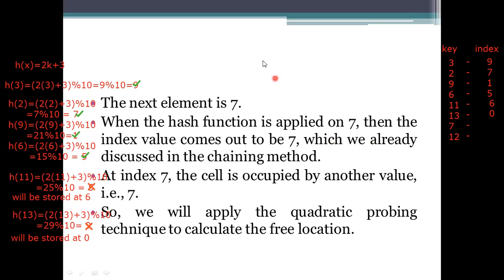So here we need to get the value for 7. h of 7 is equal to 2 into 7, which is 14, plus 3, which is 17, modulus 10, which is equivalent to 7.